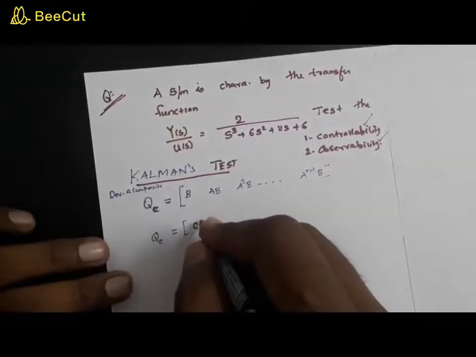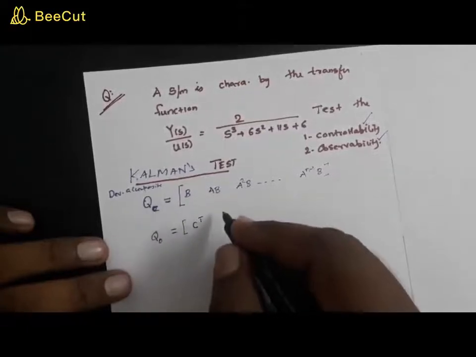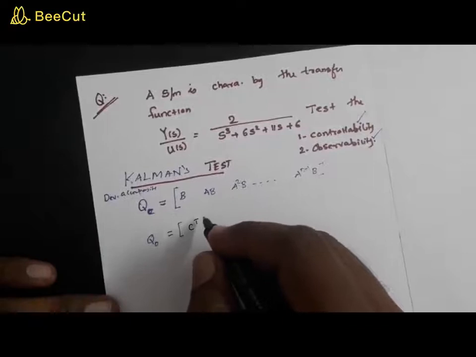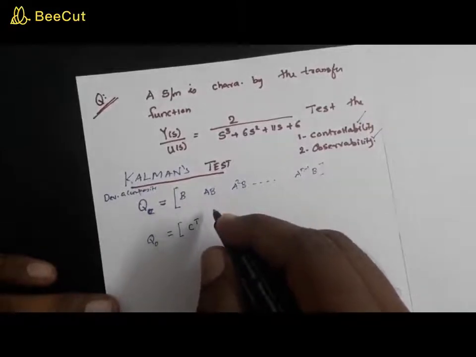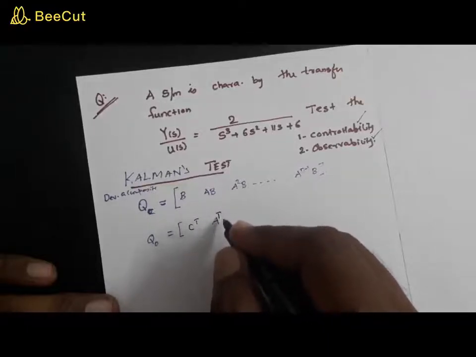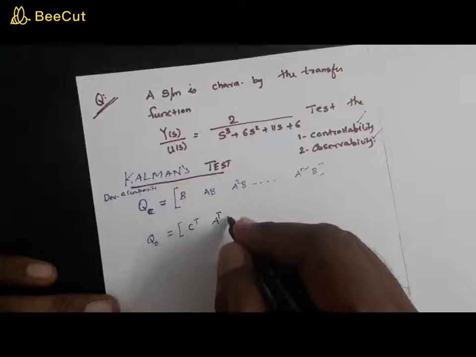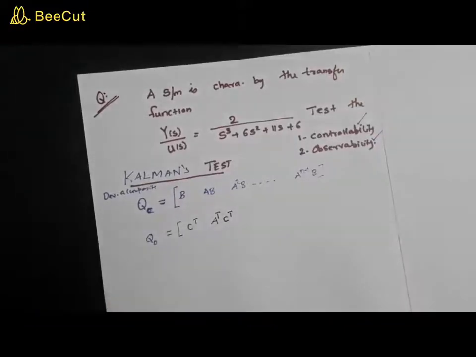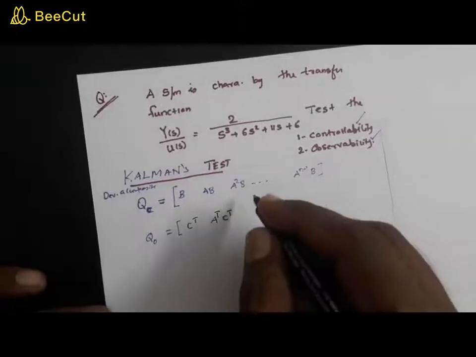Similarly, you can also have QO. The first column will be dictated by C transpose, where C is the output matrix, right? And the next one is A transpose C transpose, that is, the transpose of the system matrix times the transpose of the output matrix.